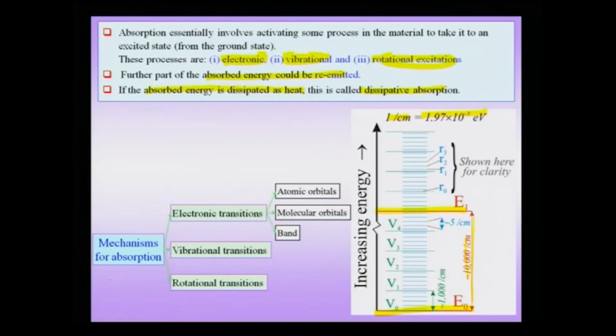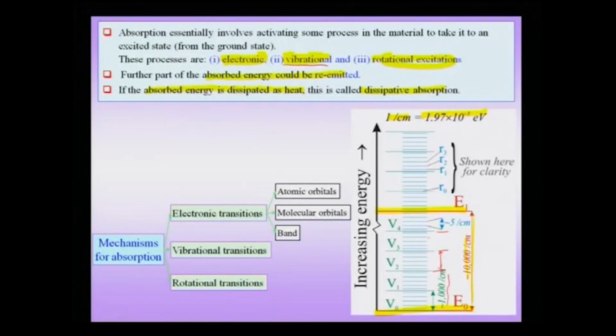On the other hand, you would notice that the vibrational levels, which is the next level, is actually closely spaced, and that means that I require a lower amount of energy, and the corresponding wave number is of the order of about 1000 per centimeter. If I multiply this 1000 of course by 1.97 times 10 to the power minus 5, I can obtain the value in electron volts, but I require a lower amount of energy to excite the vibrational level.